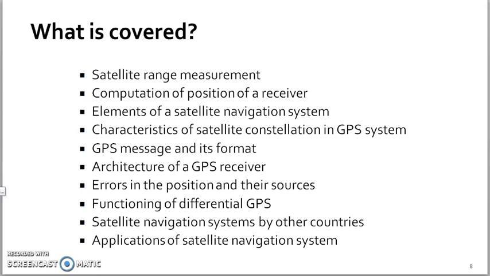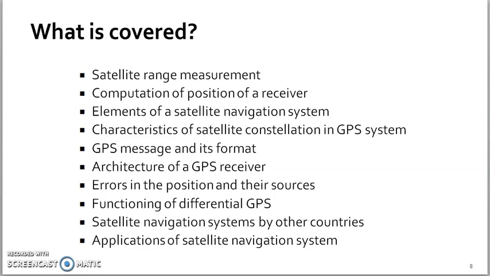Now what we learn in this module: we will learn satellite range measurement. Measuring range means the distance from the earth station to the satellite. Then the computation of the position of a receiver, where that receiver is present. We need to know about the range and the clock. What are the elements of a navigation system?